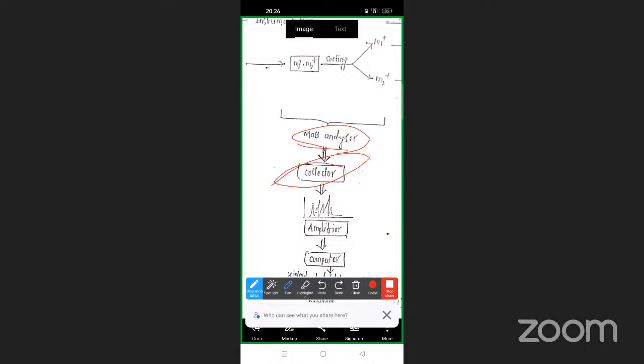The fragments are received by your collector. After collecting those positively charged fragments, a signal is formed, and generally that signal may be deformed here.